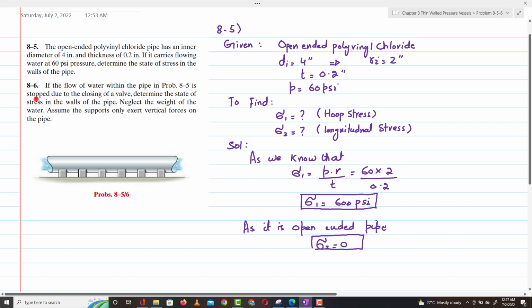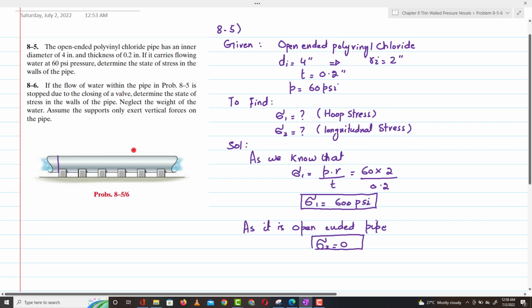Now we will move toward question 8-6. If the flow of water within the pipe in problem 8-5 is stopped due to closing of valve. Now the rest of the data will be the same because it is given over here that it is the same problem 8-5, but now the flow in the pipe is closed due to valve.